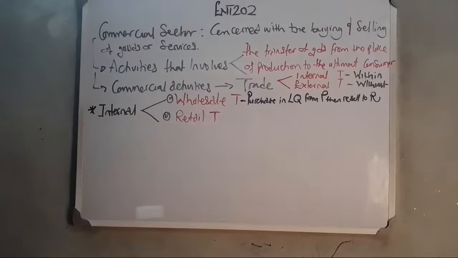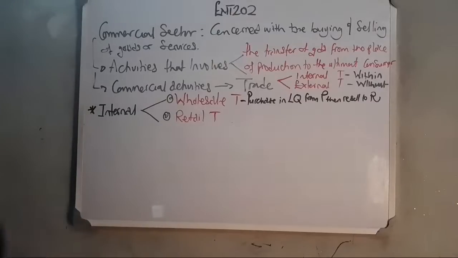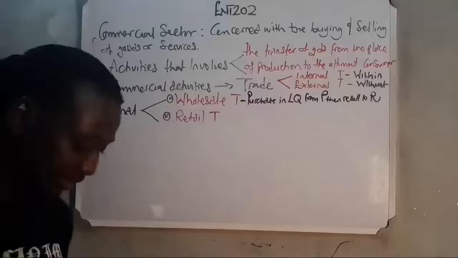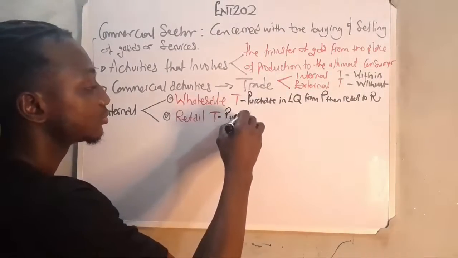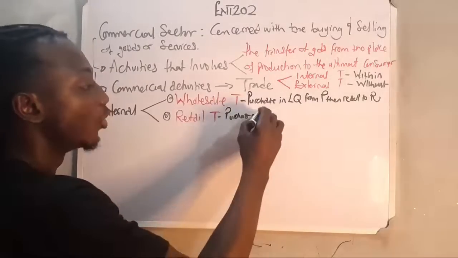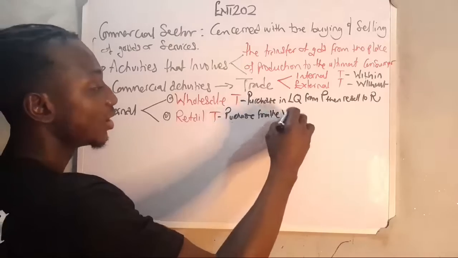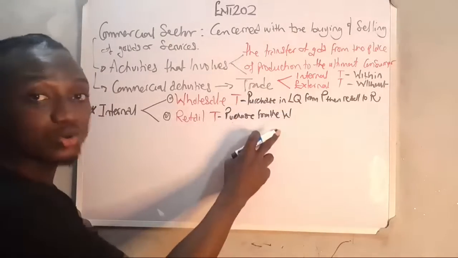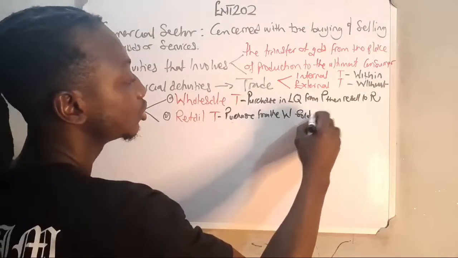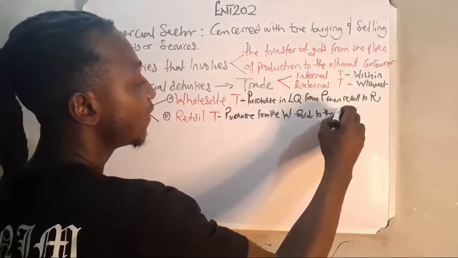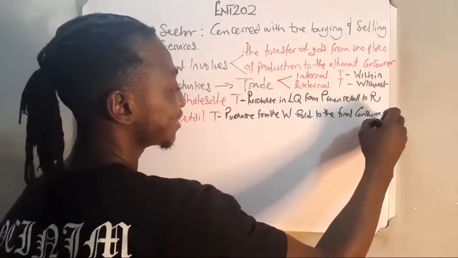Now speaking of retail trade, it is the purchase of goods or services from the wholesaler and selling in small quantity to the ultimate consumer. So we have purchase from the wholesaler, then sold to the final consumers.